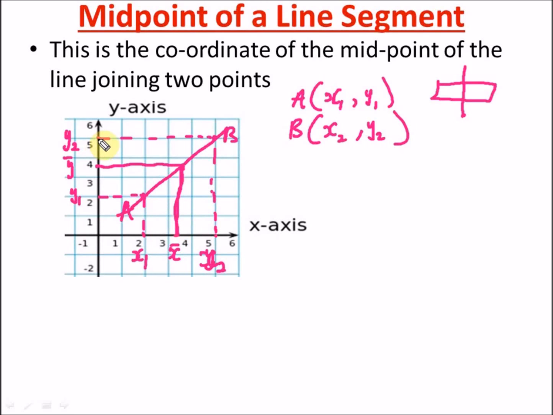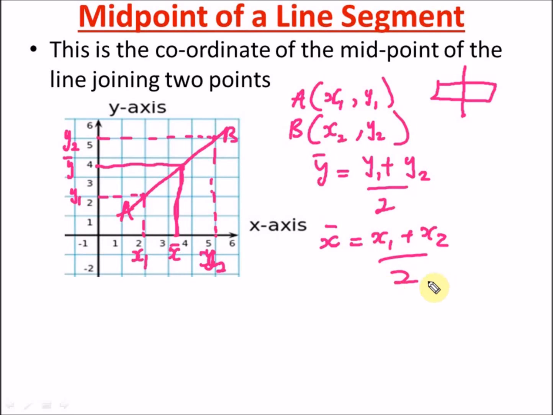To get this midpoint, y1 plus y2 divided by 2 gives you your midpoint y bar. So y bar is equal to y1 plus y2 divided by 2, and x bar is equal to x1 plus x2 divided by 2.